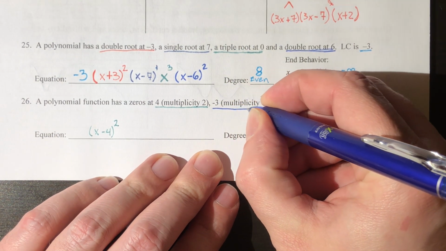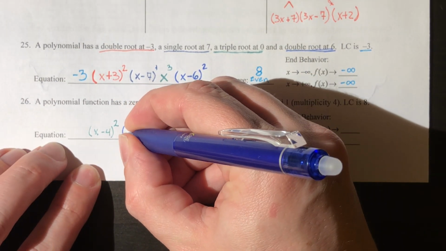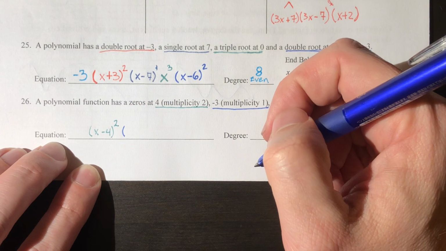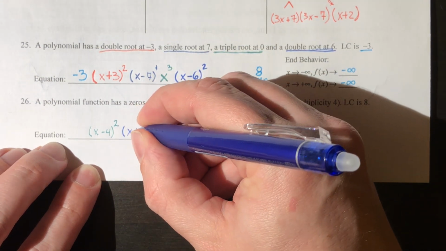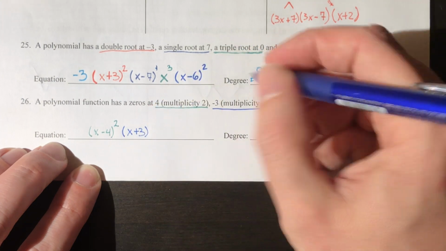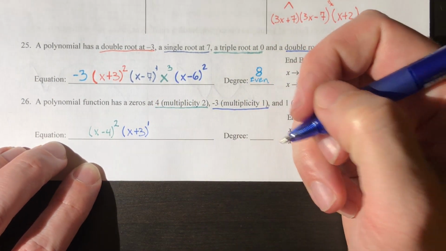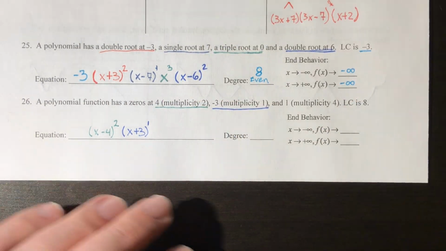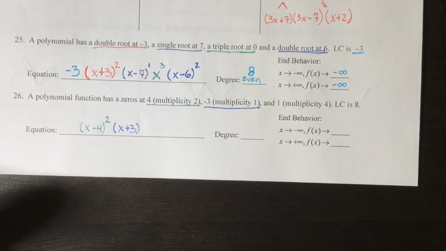Another 0 is at negative 3 with a multiplicity of 1. To get a 0 of negative 3, the factor would need to be x plus 3 with a multiplicity of 1, meaning an exponent of 1, which again, you do not have to write there. So if you don't want to write it, you don't need it.